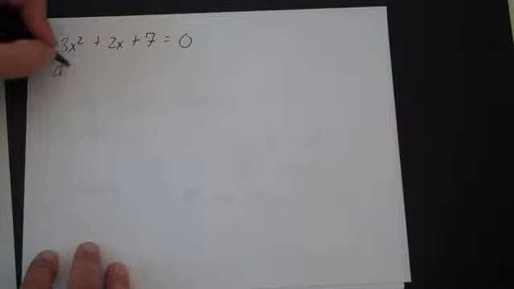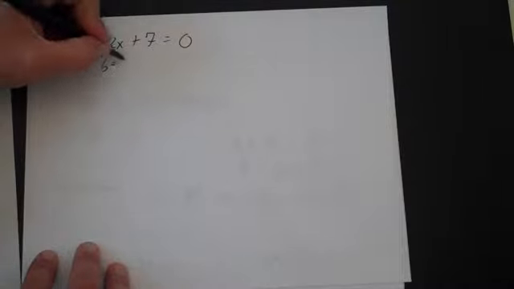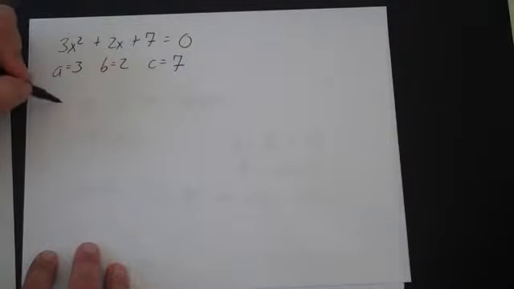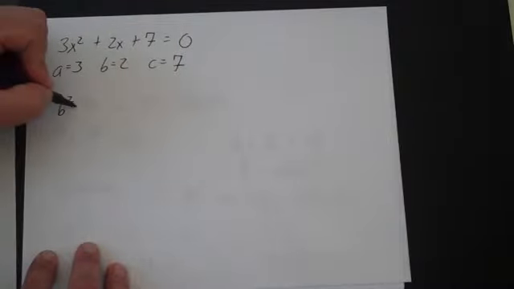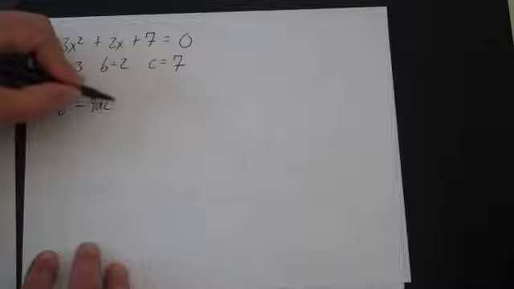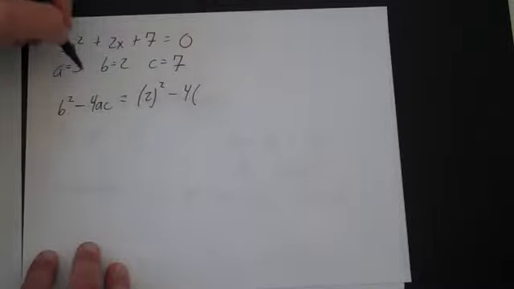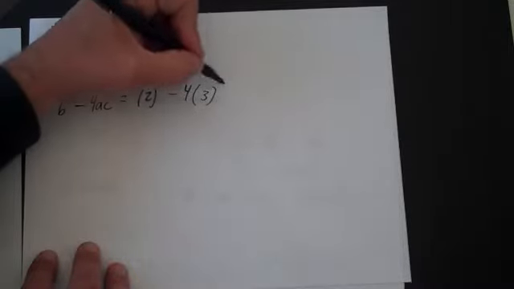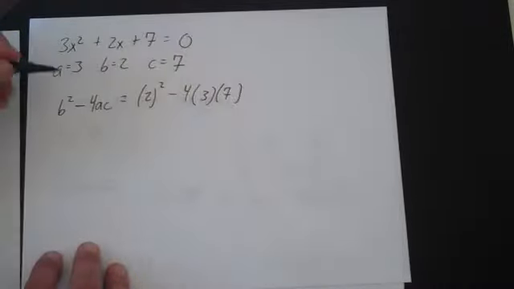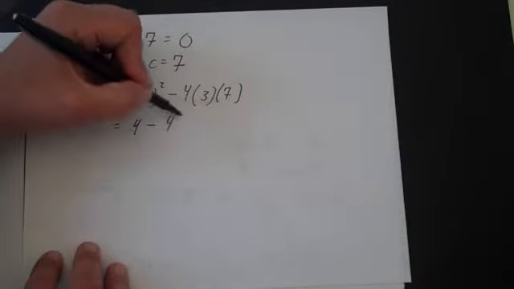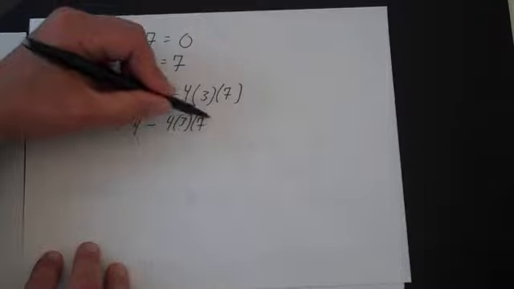In this case, a is 3, and b is 2, and c is 7. The discriminant will be b squared minus 4ac, which is 2 squared minus 4 times 3 times 7. Do the power first, so it's 4 minus 4 times 3 times 7.